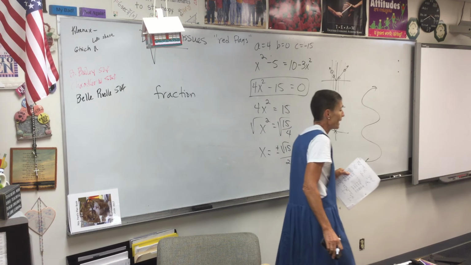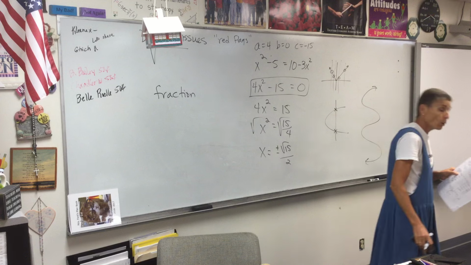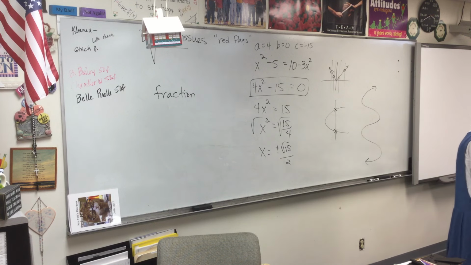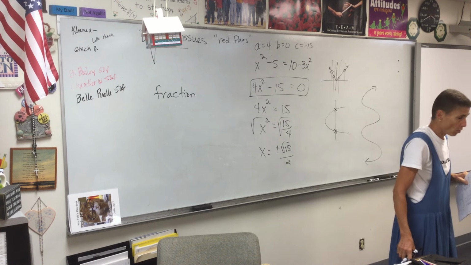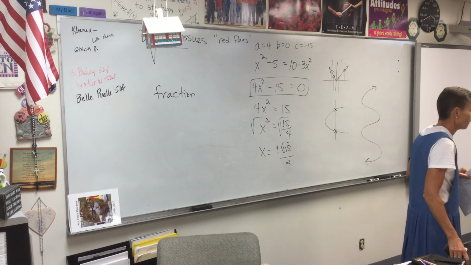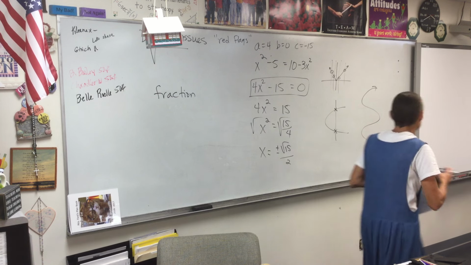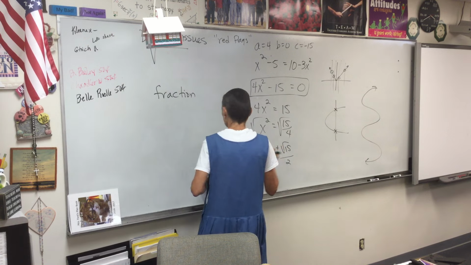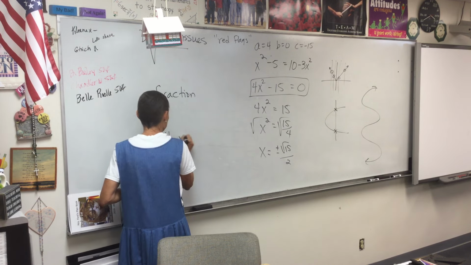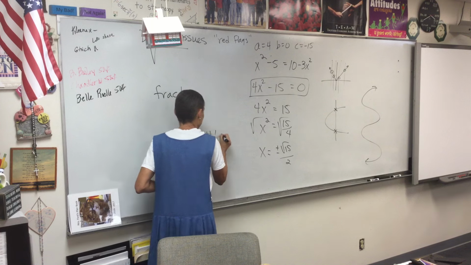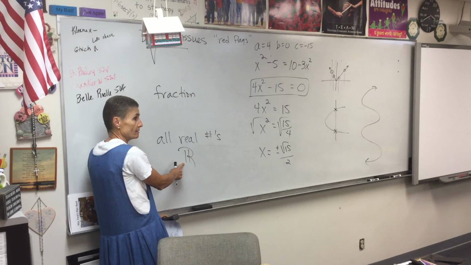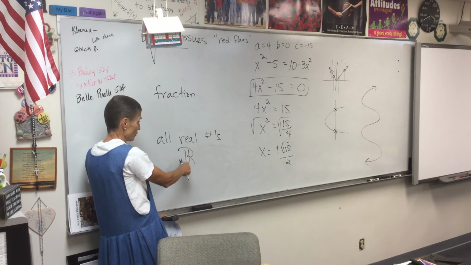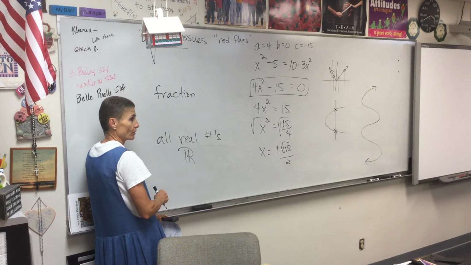Does it have a radical? No. A radical is a square root sign. Does it have one? No. Does it have a fraction? No. Therefore, what is the domain for problem A? All real numbers. You can literally write all real numbers. You can use the symbol, which is like 2 vertical bars and then that big R thing over it.